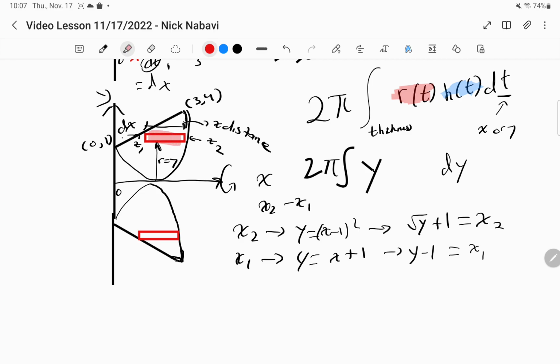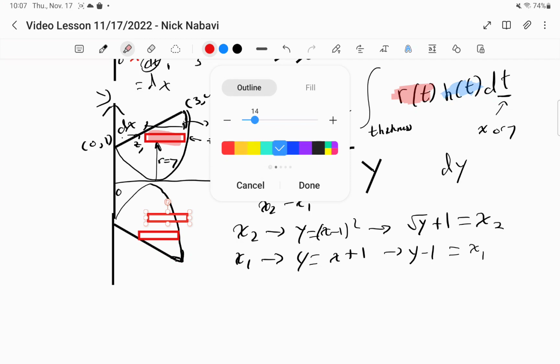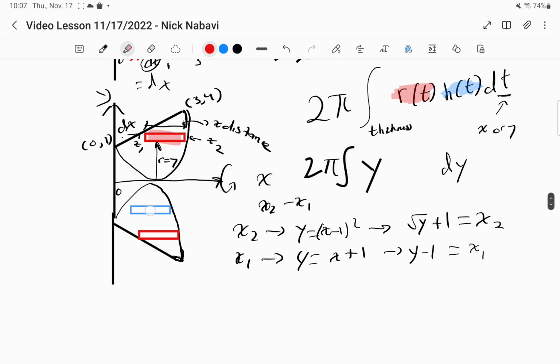But now let's say I'm looking at a different cross section, okay? Let's make this a bit bigger. Let's say I want to look at this cross section instead. This is, of course, as you guys know, a cross section of the bigger cylindrical shell.